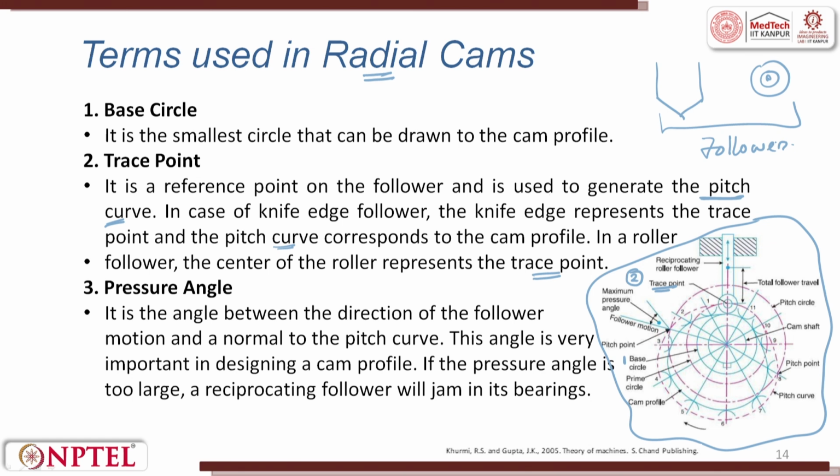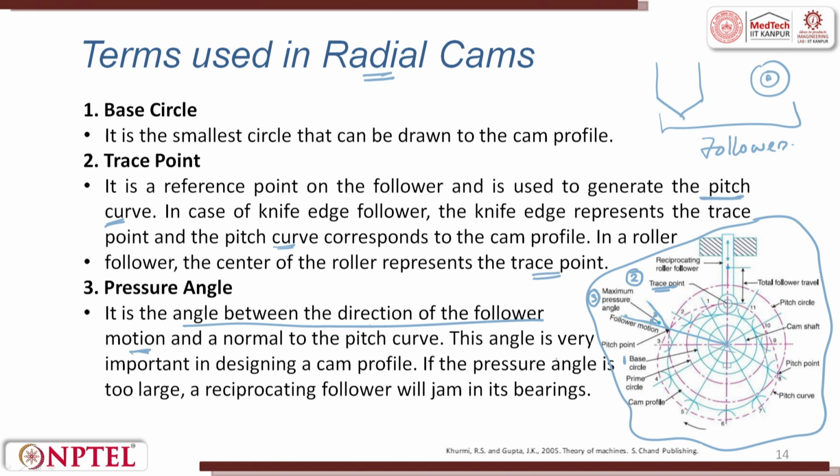The similar concept of pressure angle we saw in gears also. So, here is the pressure angle. You can see here a line which is drawn, and an angle, the pressure angle. This is the normal. It is the angle between the direction of the follower motion and the normal to the pitch curve.